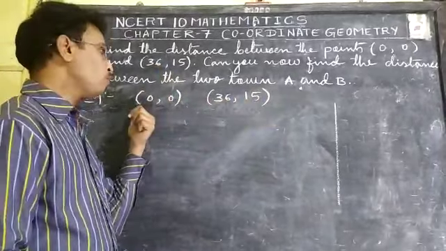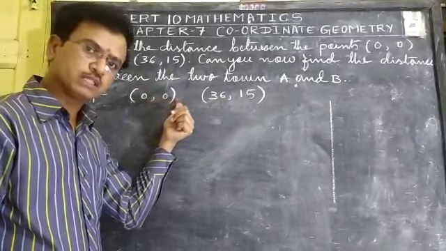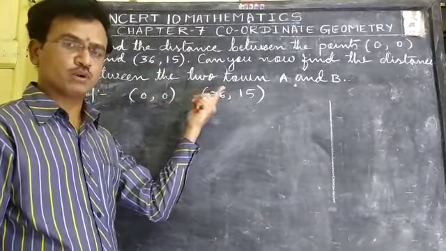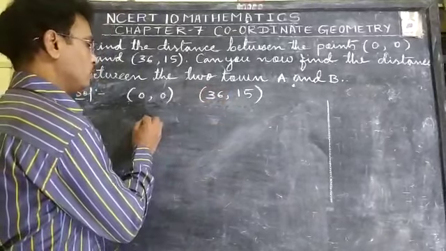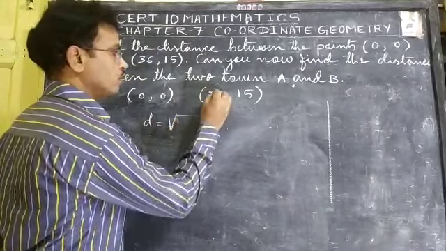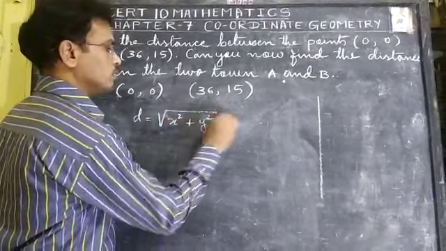Now, if one point's x coordinate is 0 as well as its y coordinate is 0, we can directly use one formula. That formula is d equals square root of x square plus y square.